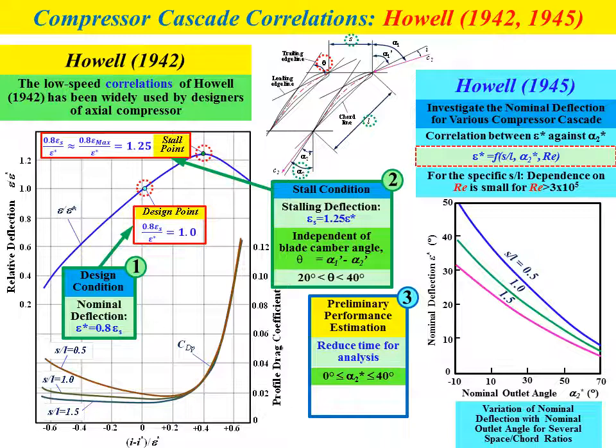So if we refer to the angle value of alpha 2 star, the nominal outlet angle between 0 degree and also 40 degree.